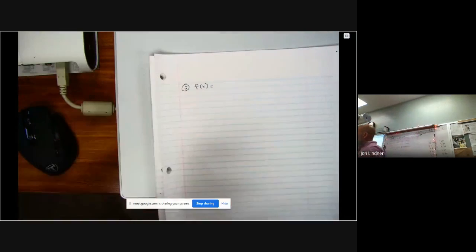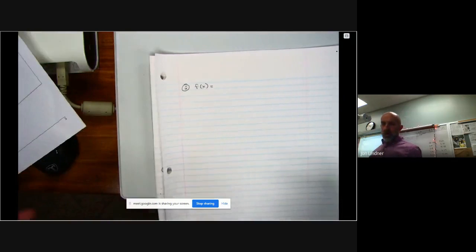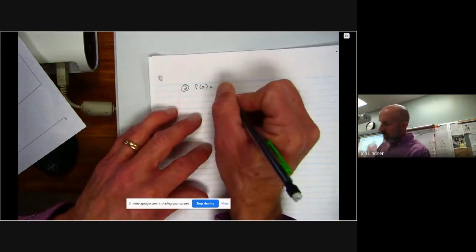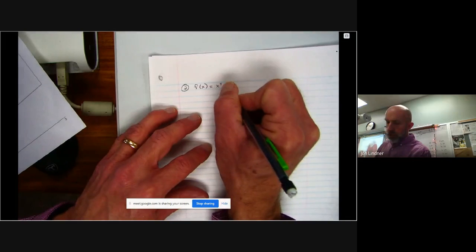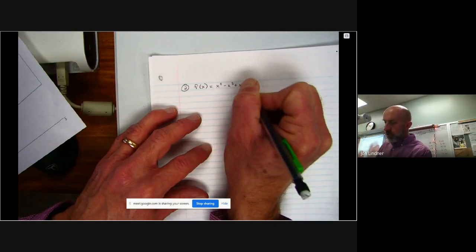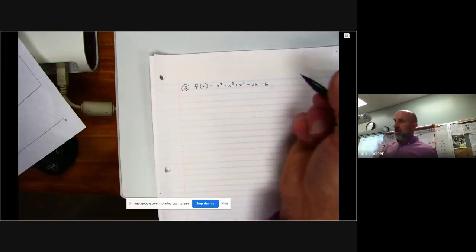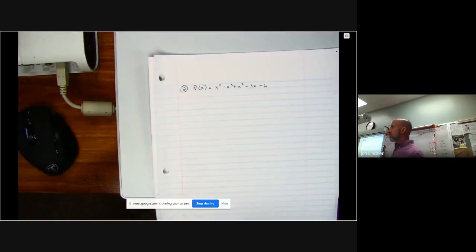So let's say that my quartic is x to the 4th minus x cubed plus x squared minus 3x minus 6.